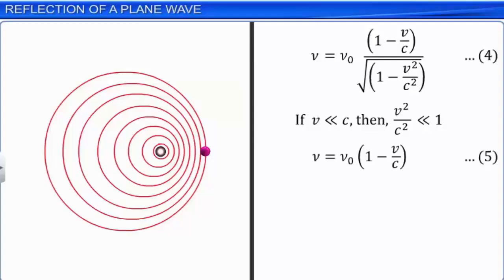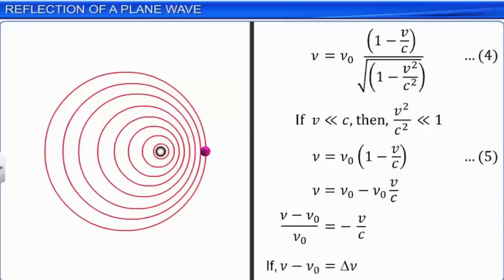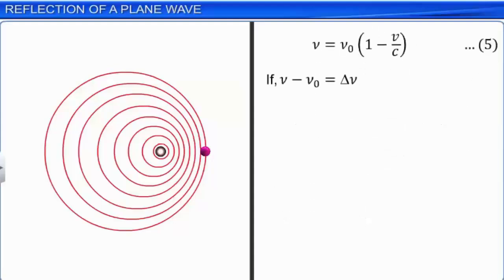Equation 5 can be rewritten as (nu minus nu naught) divided by nu naught equals minus v by c. If the change in the frequency nu minus nu naught is written as delta nu, then the fractional change in the frequency, delta nu by nu naught, is equal to minus v by c.